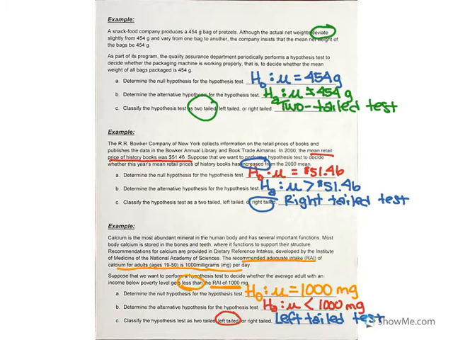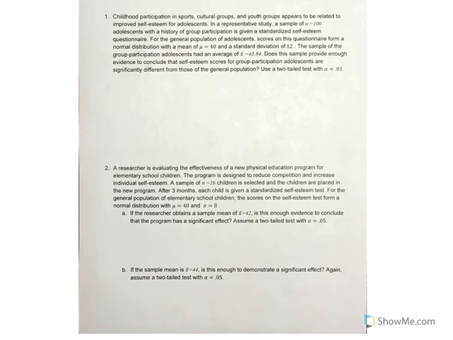All right, now let's actually perform a small hypothesis test. Here on number 1, we have childhood participation in sports, cultural groups, and youth groups appears to be related to improved self-esteem for adolescents.